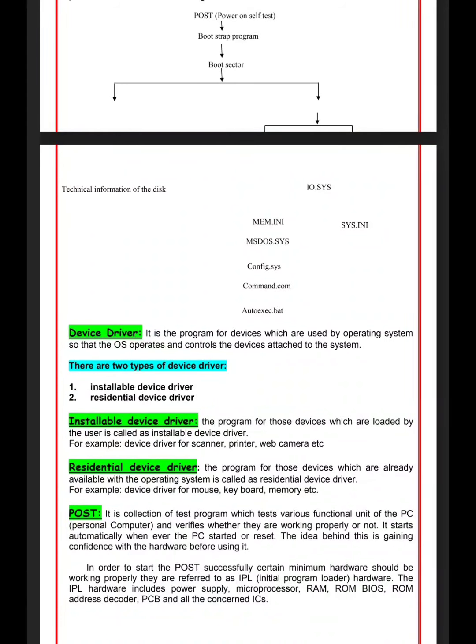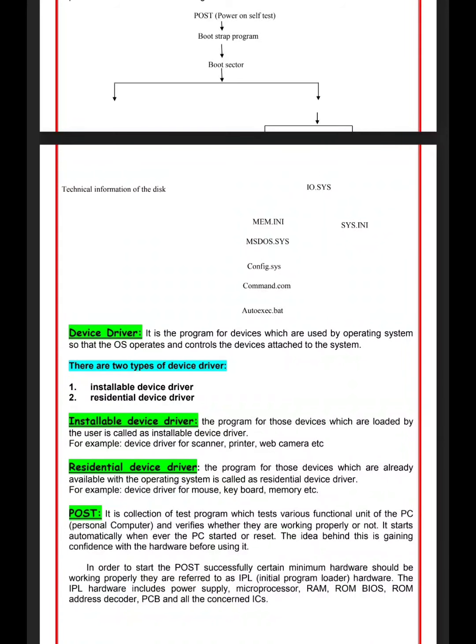POST, power on self-test: it is a collection of test programs which test various functional units of a personal computer and verify whether they are working properly or not. It starts automatically whenever the PC is started or reset. The idea behind this is gaining confidence in the hardware before using it.